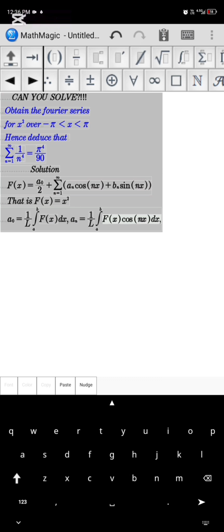All right, and then we have the formula for calculating b n. So b n is calculated using this formula.